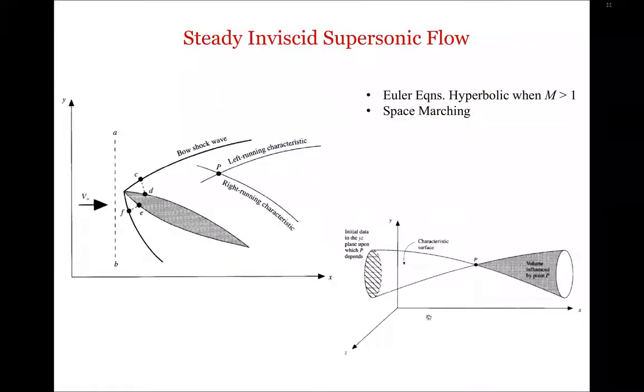Now, steady inviscid supersonic flow. In steady inviscid supersonic flow, the Euler equation is hyperbolic when the Mach number is greater than 1, and it is space marching. When it moves with a velocity, there is a reference point, and there's a bow shock wave. There is a point, with a left characteristic curve and a right characteristic curve.